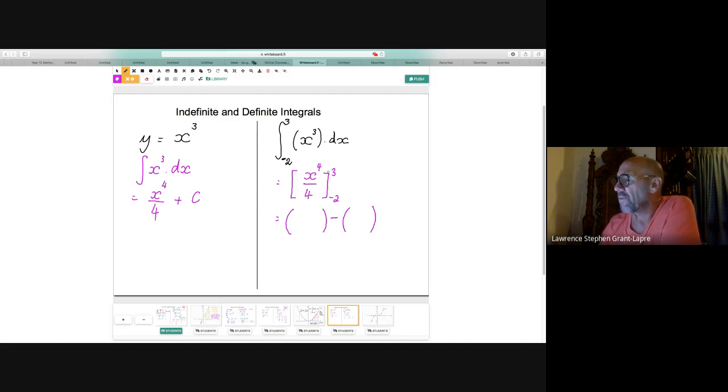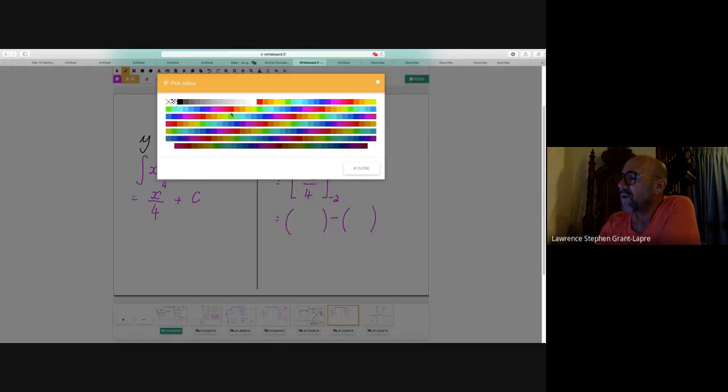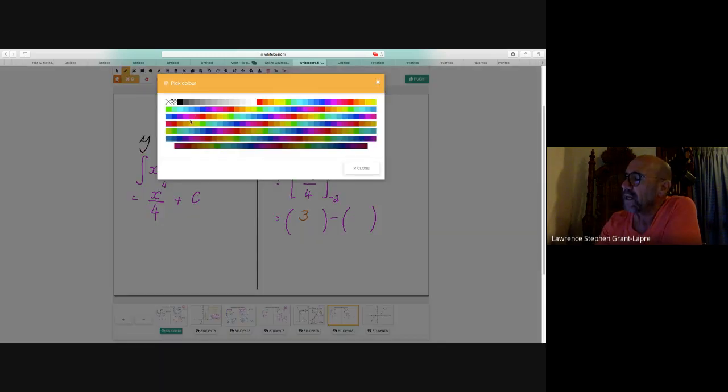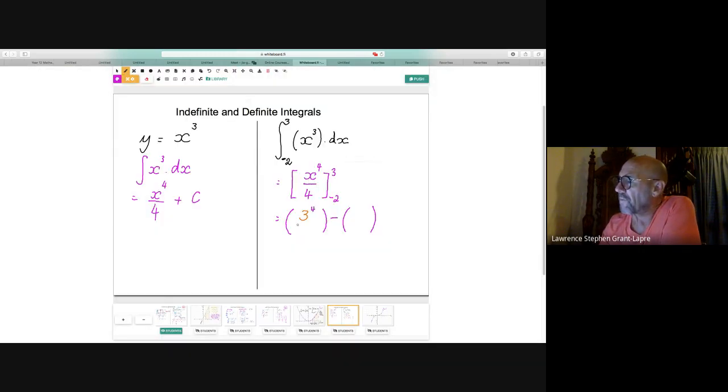So we get 3 to the power of 4. So we substitute 3. So we've got 3 to the power of 4 over 4. And now we substitute -2, and we've got -2 to the power of 4 over 4.